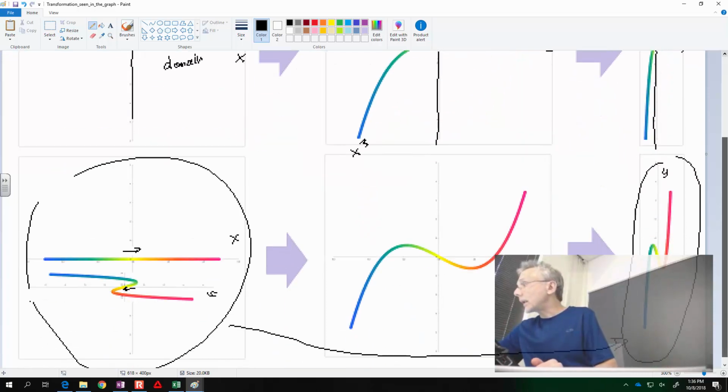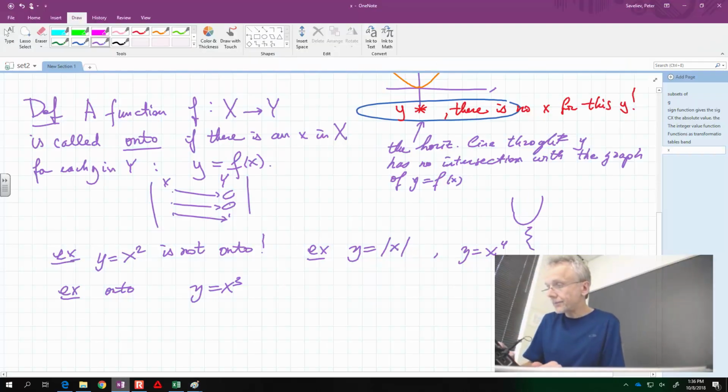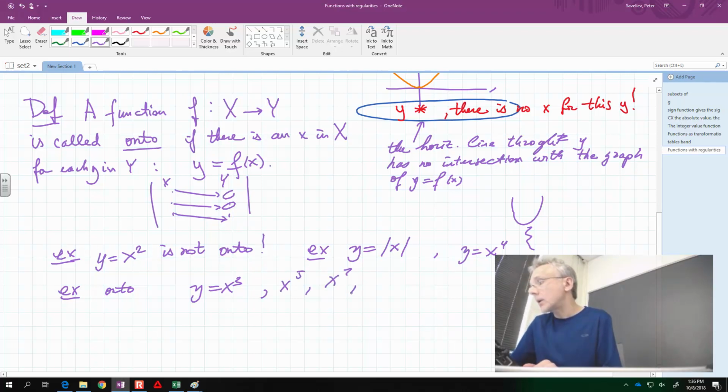This one is not covered in the same regular manner, but once again, every horizontal line has an intersection with the graph, so it is onto again. So x cubed, x to the fifth, any odd power will also be onto.